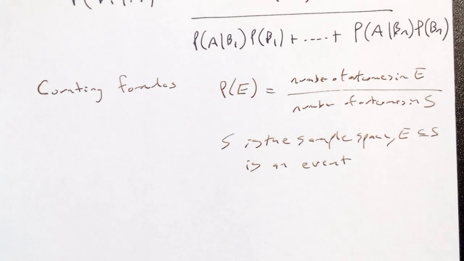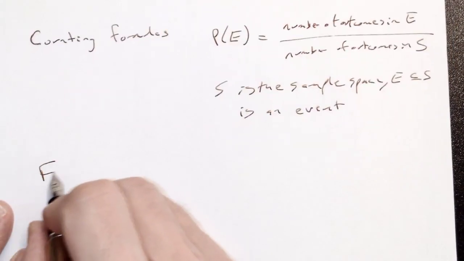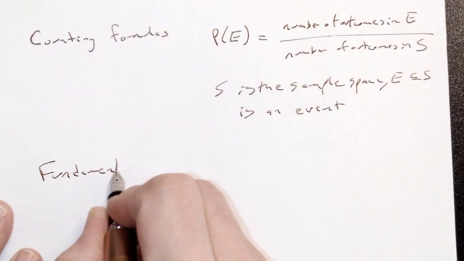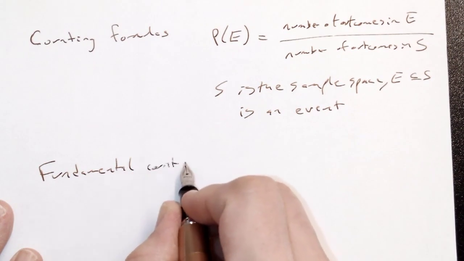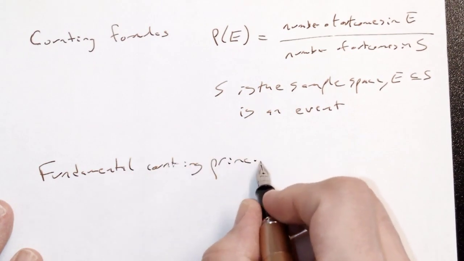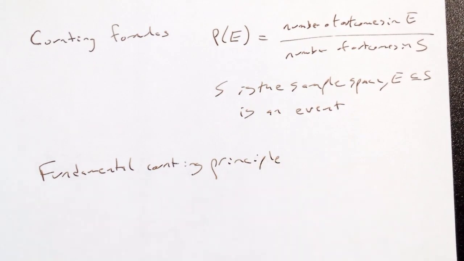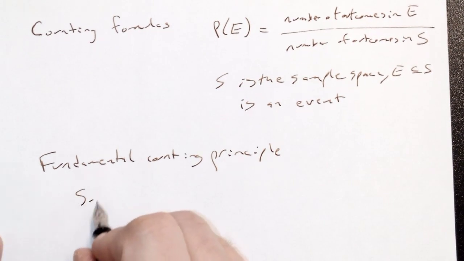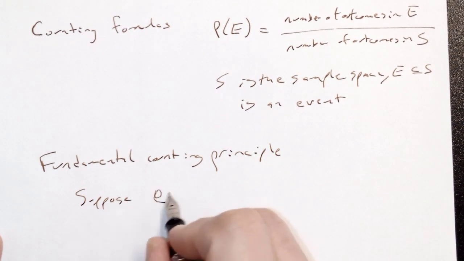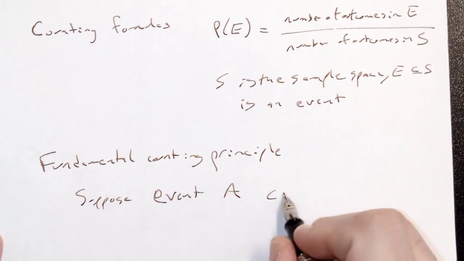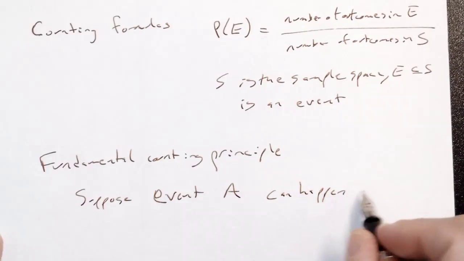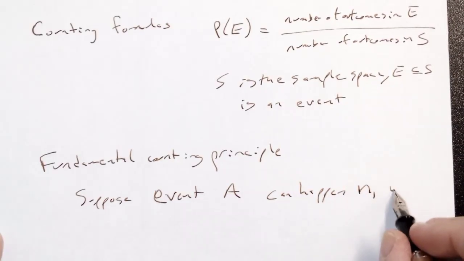There are really 5 main results I want to get to. Let me start with what I think is the easiest one. I've got 2 options, 2 events that are going to occur. Suppose event A can happen n1, some number, ways.